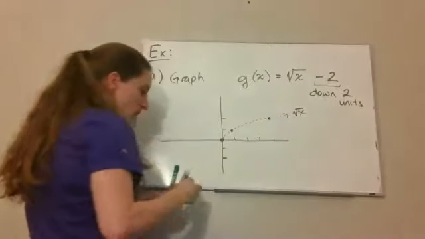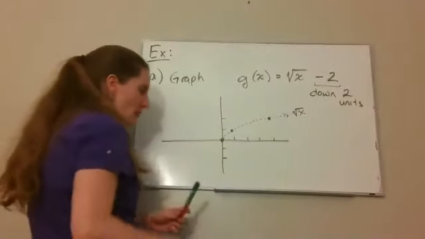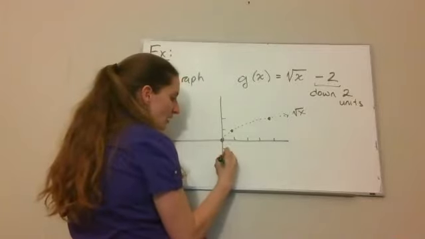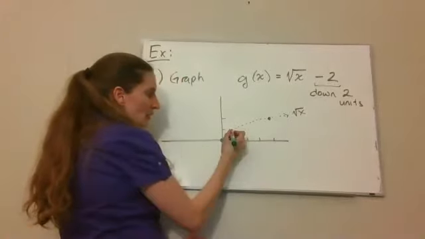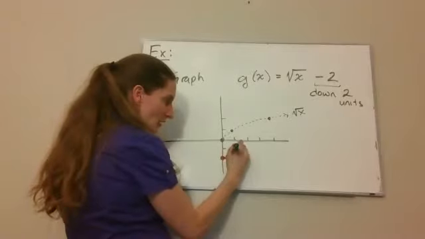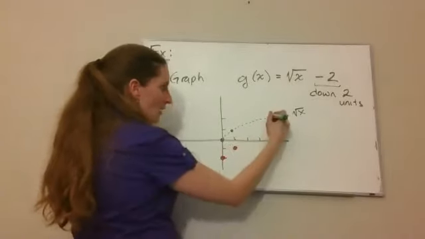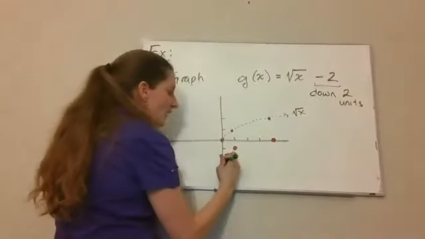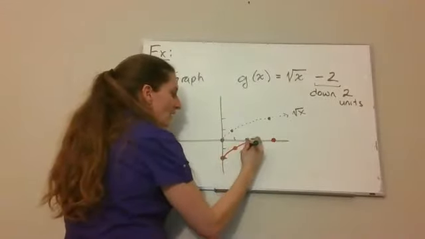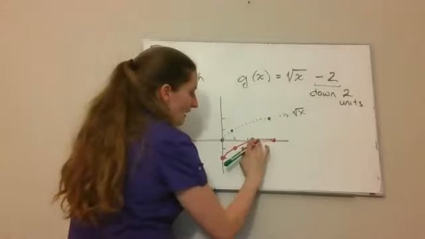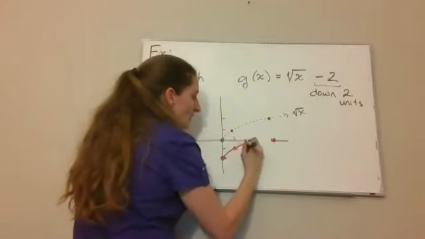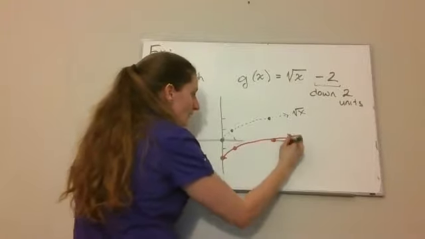1, 2. So when I take my point at 0, 0, move it down 2 units, I'm now down here at 0, negative 2. My point at 1, 1 is now at 1, negative 1. And my point that was at 4, 2 is now at 4, 0. And when I connect this, it's going to have the same sort of shape as my square root of x, but going through slightly different points.